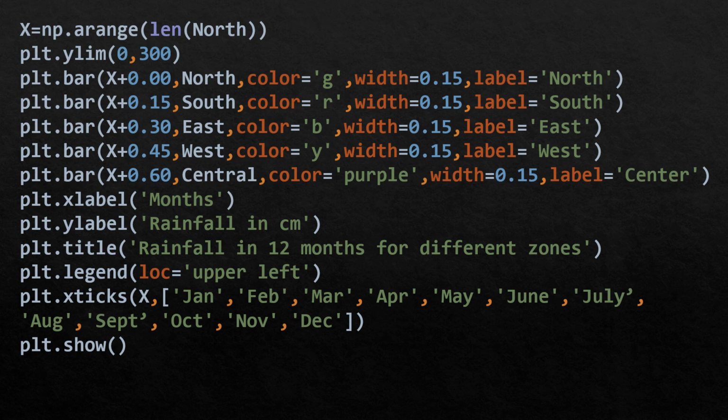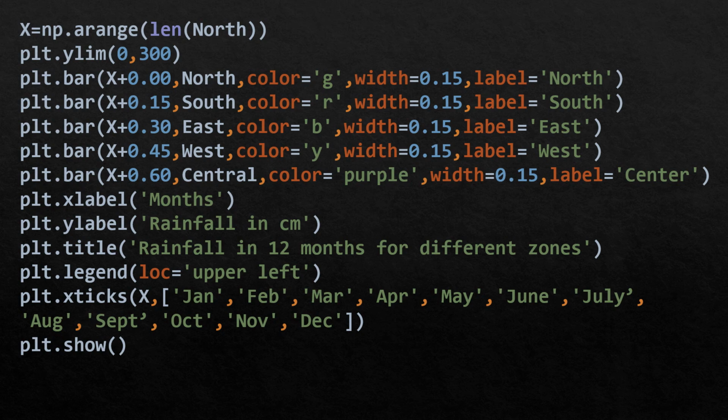Let's say the color is green, width is 0.15, and I have given the label north. Similarly, the second bar will be plotted at x plus 0.15. Then the y value will be taken from the list south. The color is red, width is 0.15, and label is south. Similarly, we will plot the rest of the bars for east, west, and center.